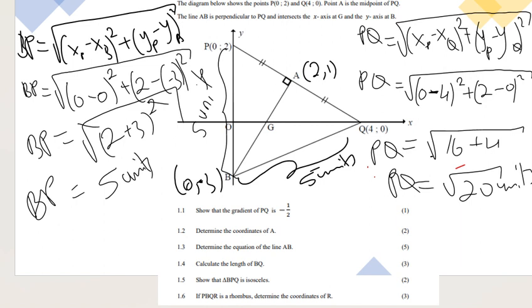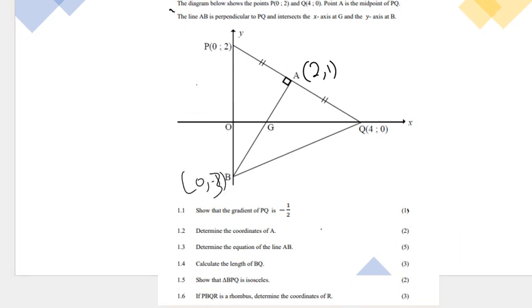So therefore, we have shown that triangle BPQ is isosceles. Then we are done.